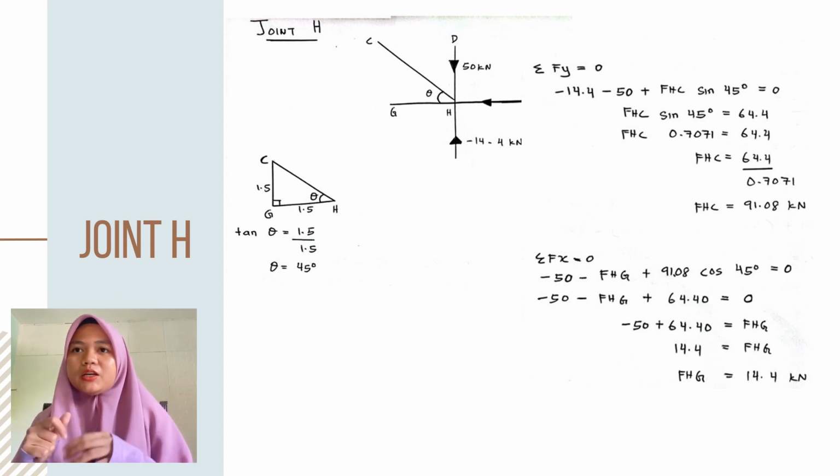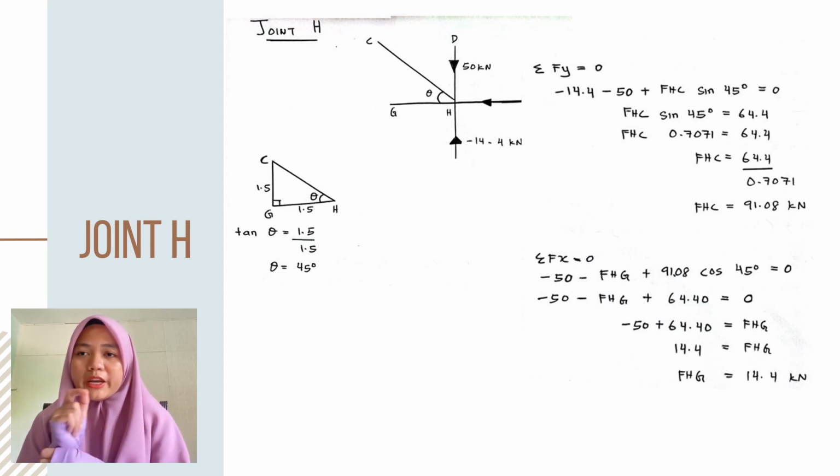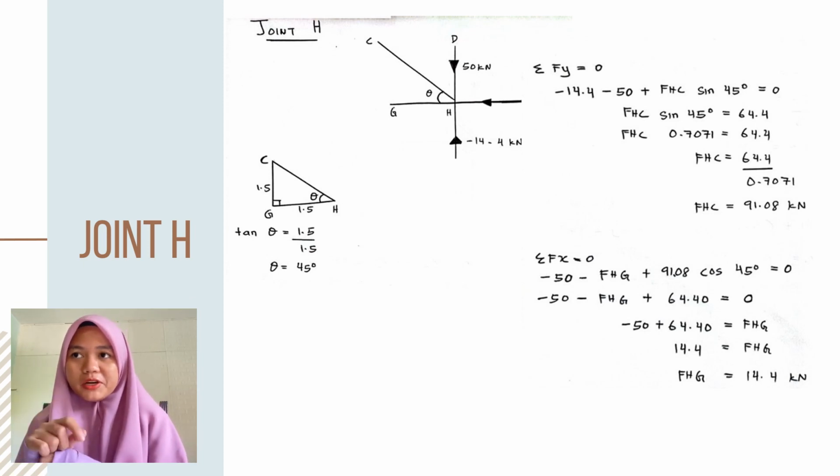The calculation of joint H: first Fy equal to 0, negative 14.4, negative 50 plus FHC sine 45 degrees equal to 0. And then FHC sine 45 equal to 64.4.